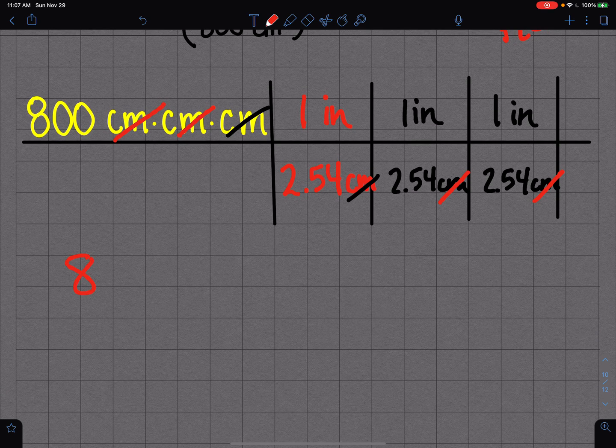You have 800 divided by, because these are on the bottom, 2.54 and another 2.54. And what are my units? Inches cubed, because of this: inches, inches, inches.